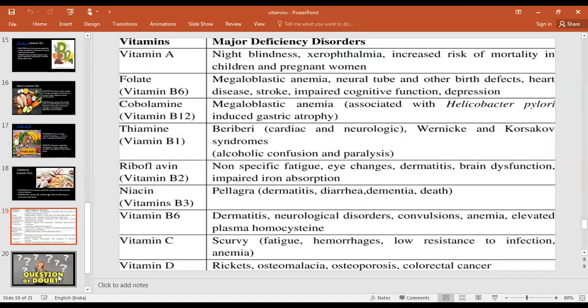So now you can see the deficiency. Vitamin A deficiency is night blindness.